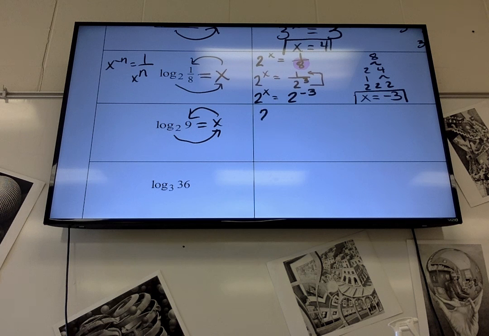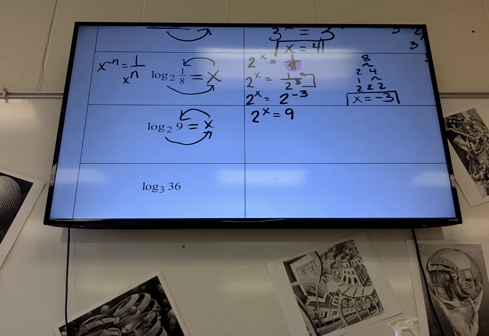So it's 2 to the x equals 9. Unfortunately, I can't break down the 9 into 2's. Nothing but 2's. I mean, I could do 2 and 4.5, but that's not going to help us. So, I'm just going to kind of estimate. I know that 2 to the third is 8. And I know that 2 to the fourth, anybody know what that is? 16.